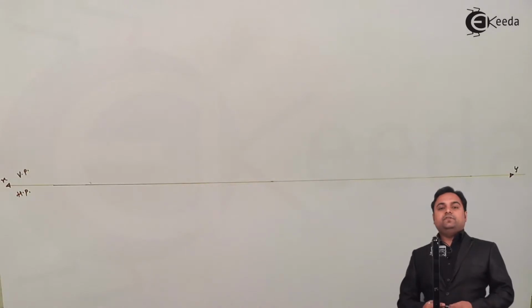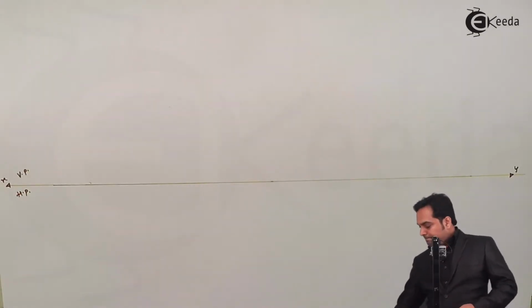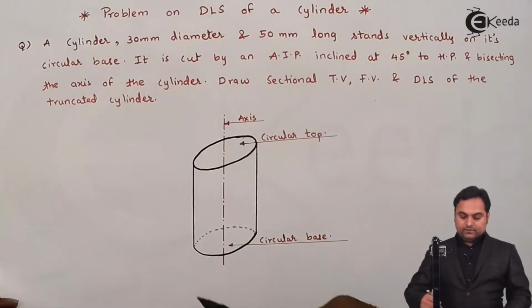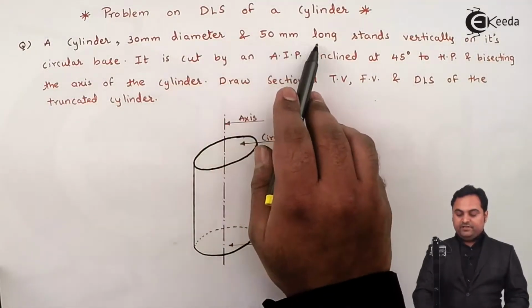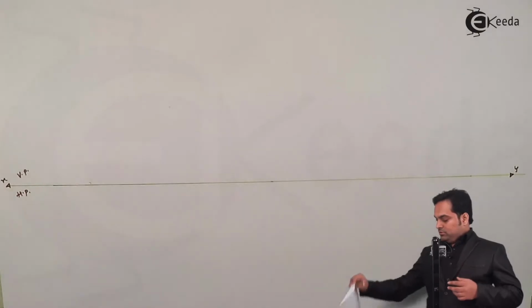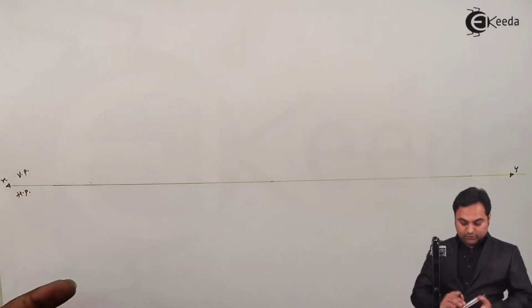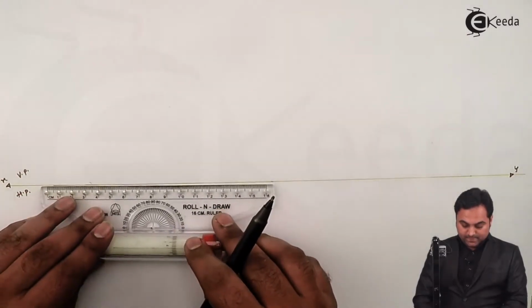Now the diameter of the cylinder is given as 30 mm. A cylinder 30 mm diameter and 50 mm long. So 50 mm long means that is the height of the cylinder. In the top view we are going to see that circle.